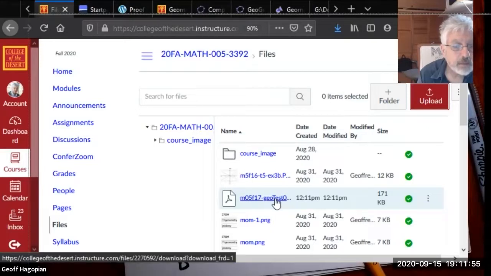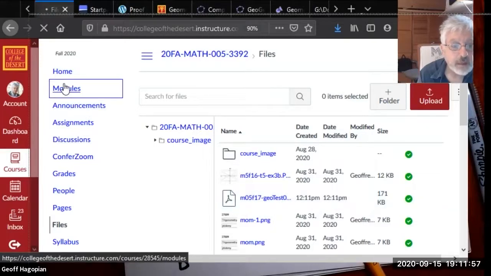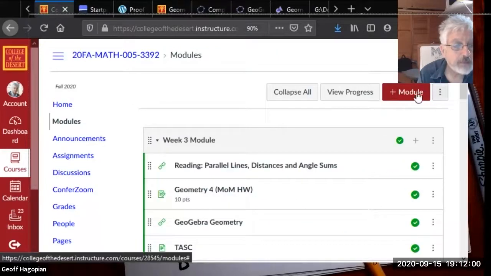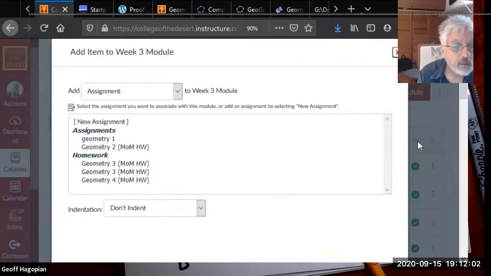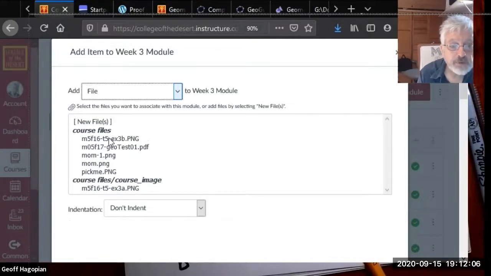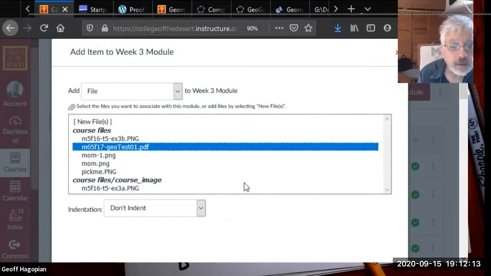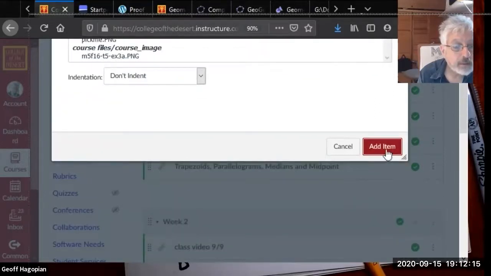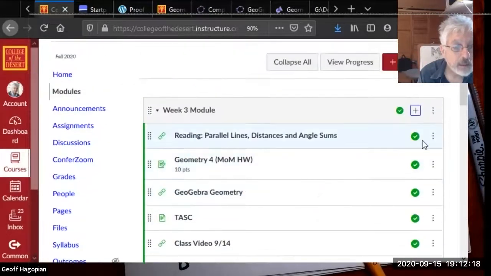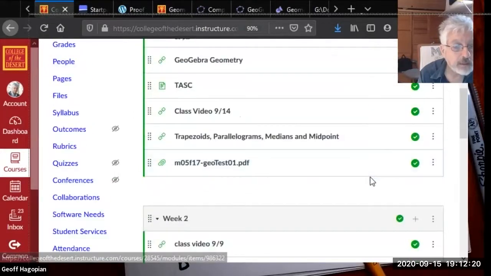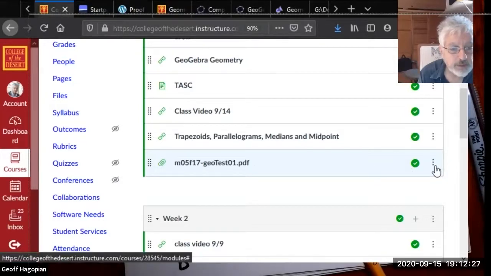And so I want to go back to modules and add a file. This is just for your consideration. This is not to turn in. And so I'm going to say add item. And so this is an example of an old test, which we can talk about when we have time, which we don't have time now.